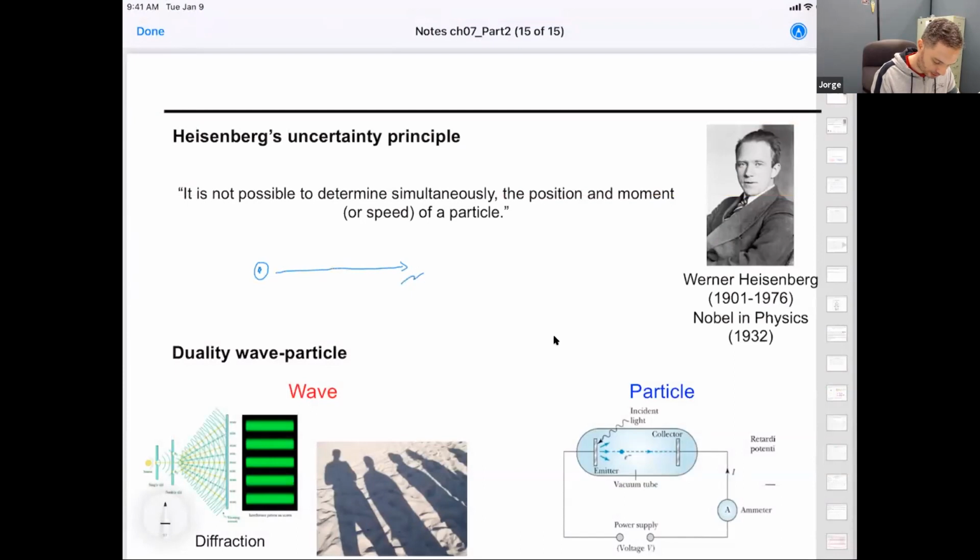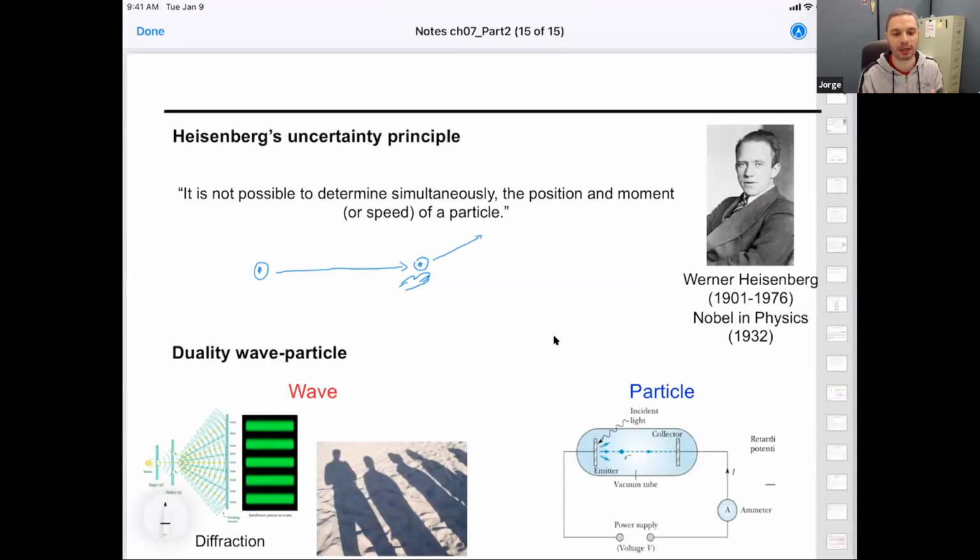Just the fact that we touched the object, we will change the direction of the movement, and that's why we cannot determine with precision position and speed at the same time. So that's what Heisenberg's uncertainty principle states. Therefore, the Bohr atomic model violated this principle because it was telling us the exact position of the electron, and that's physically impossible.